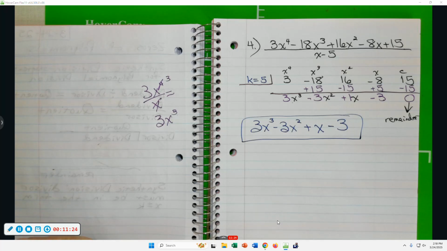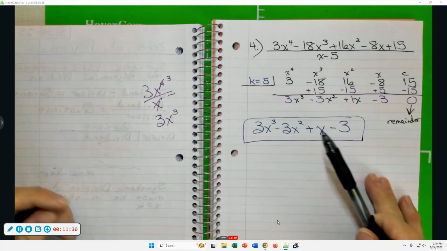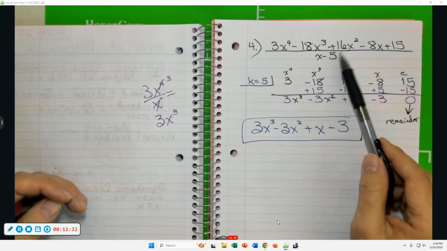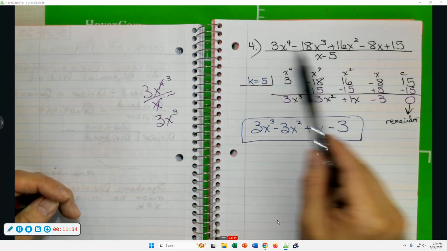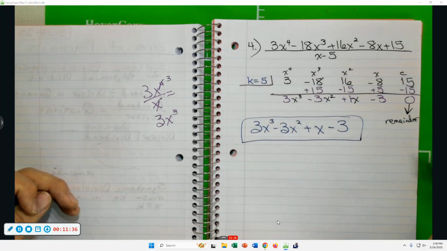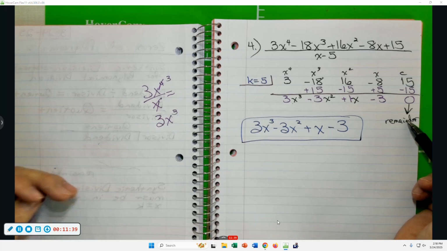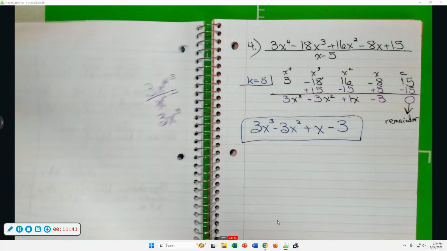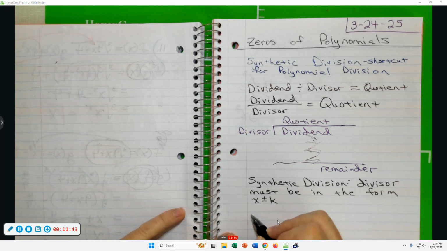Any questions there? We can say that x minus 5 divides evenly into this messy polynomial here. Divides evenly means the remainder is 0. If the remainder is 0, I'm going to write it back over here.